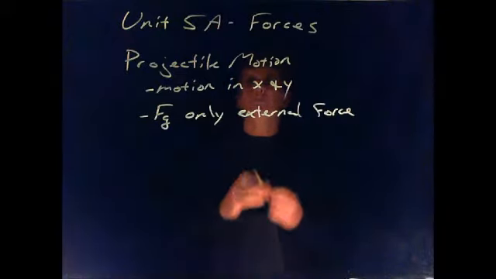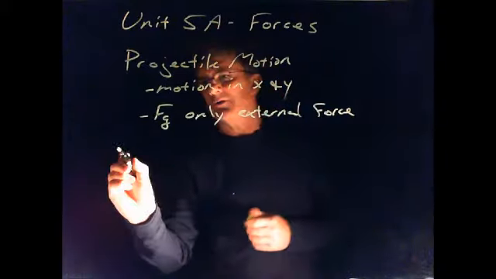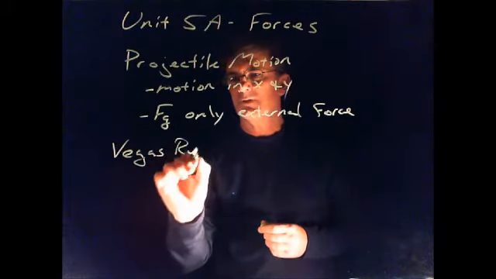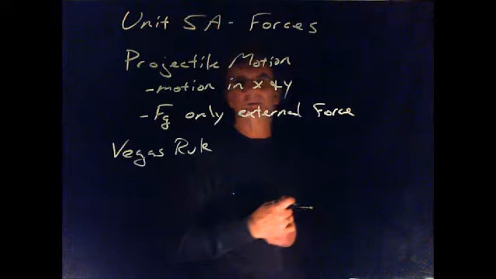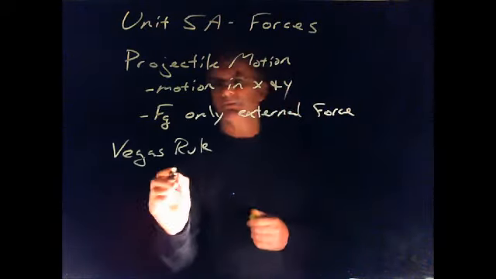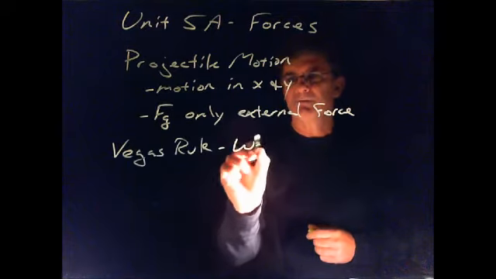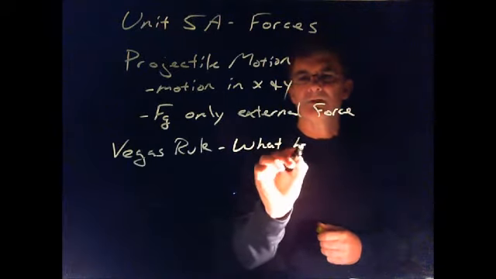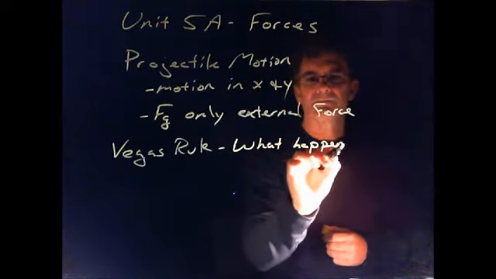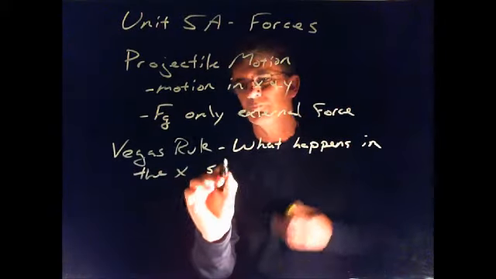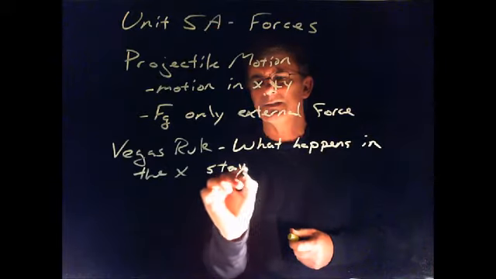So one of the important rules is what I call, and I didn't make this up, the Vegas rule. I know a lot of people talk about it this way. And what the Vegas rule is with projectile motion is what happens in the x stays in the x, and what happens in the y stays in the y.